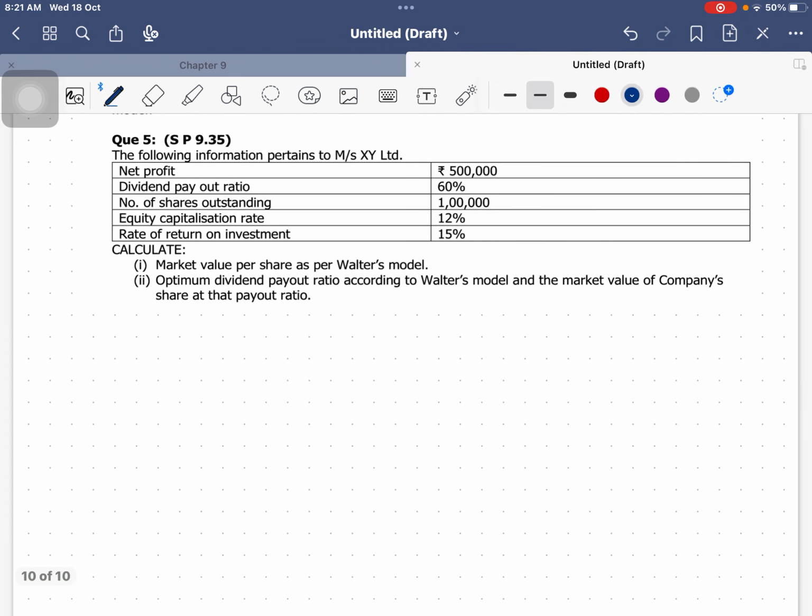First we have to find the present market value. Present market value P0 is equal to D1 plus R by KE, E minus D, divided by KE.